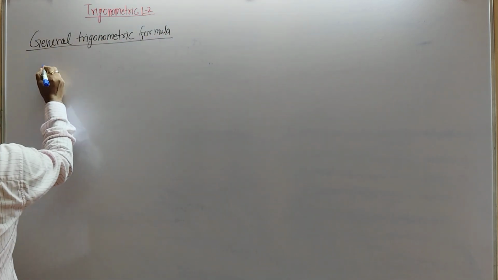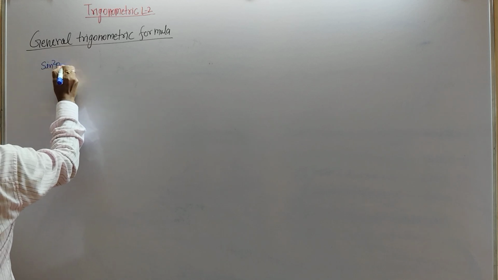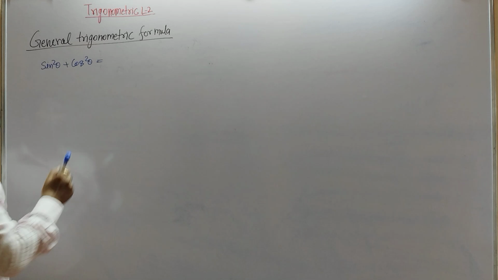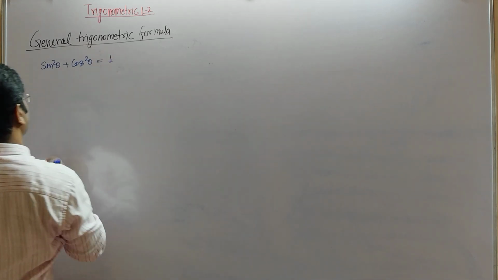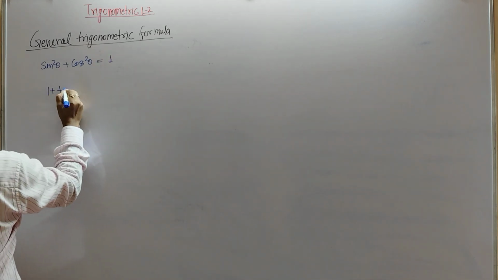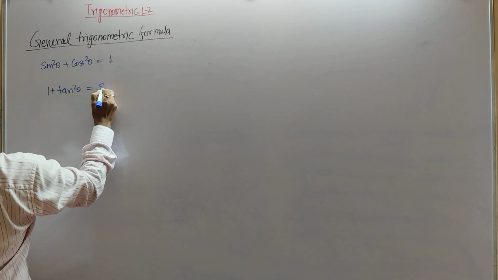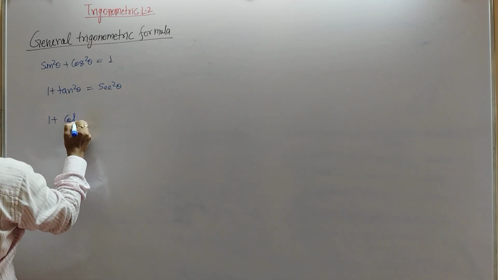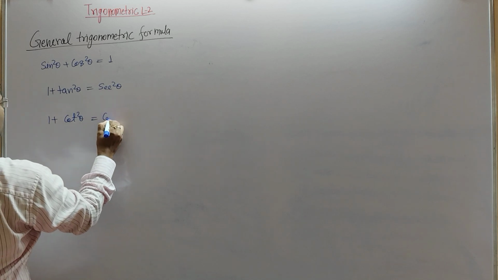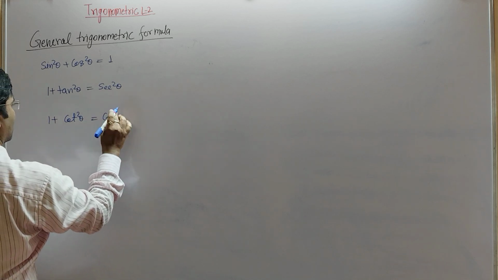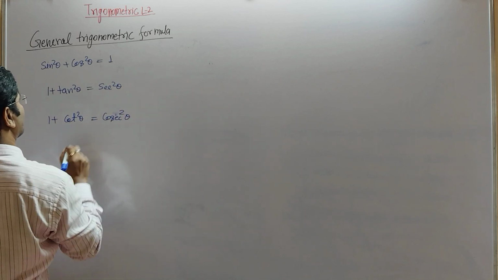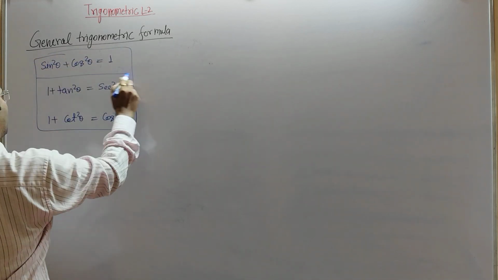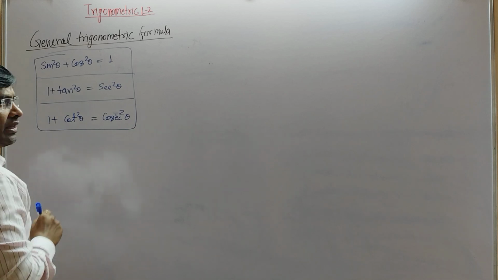Like sine square theta plus cos square theta, we have already studied in 10th class, that is equal to 1. Second, 1 plus tan square theta is equal to sec square theta, and 1 plus cot square theta is equal to cosec square theta. So we have to remember all this, and you have already used them many times in 10 plus also.